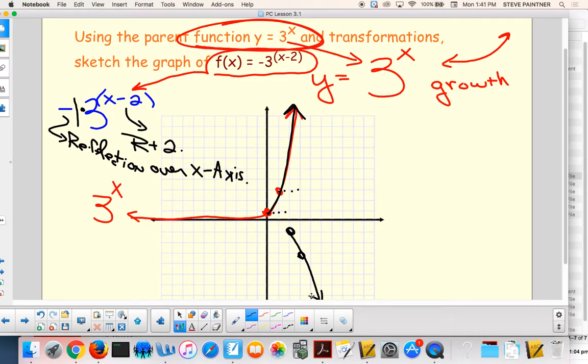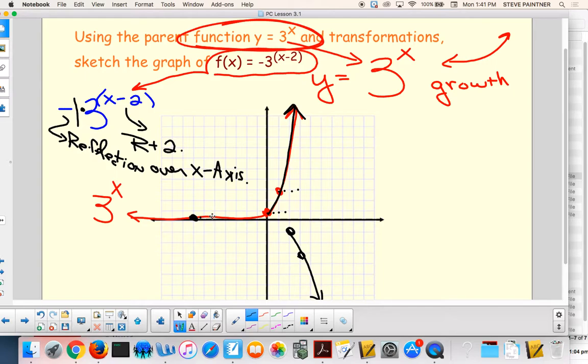Now we got to talk about the horizontal asymptote. Pick a point on it. Move it where? Right 2. Then I reflect it over the x-axis. It's barely above the x-axis, so where's it going to be?